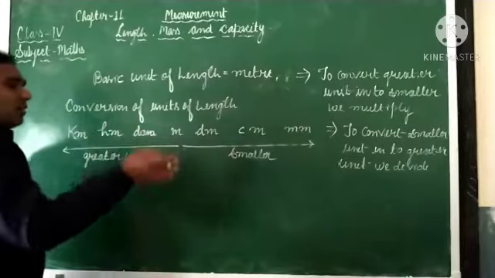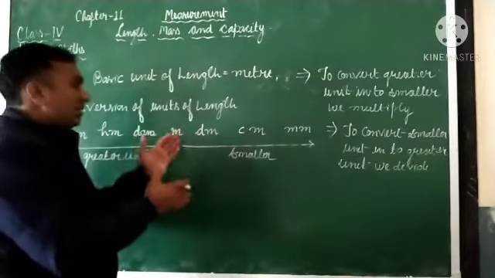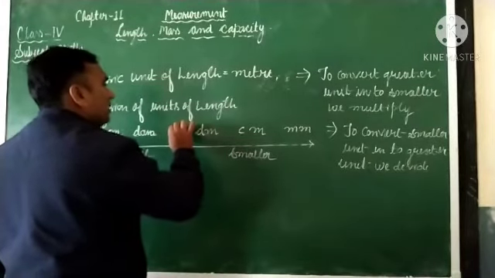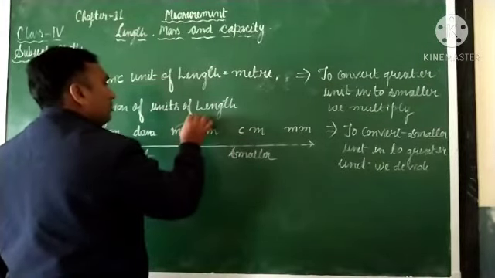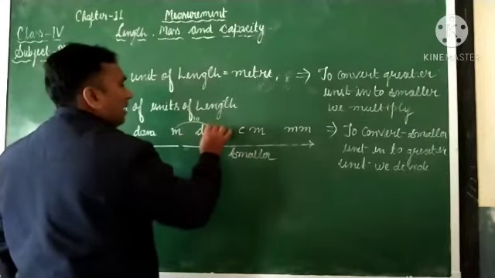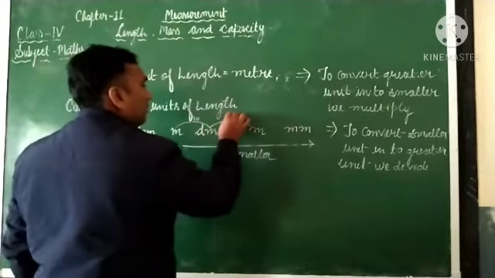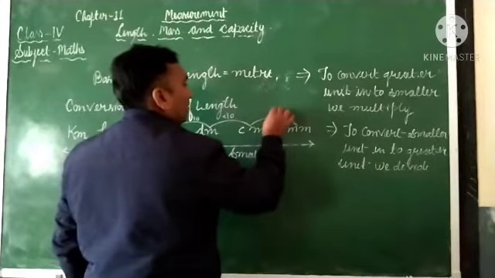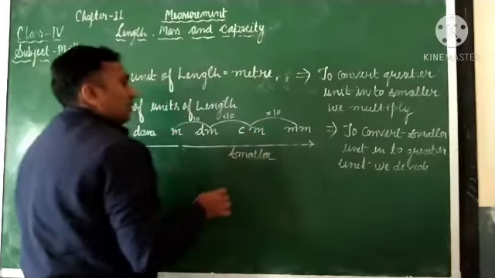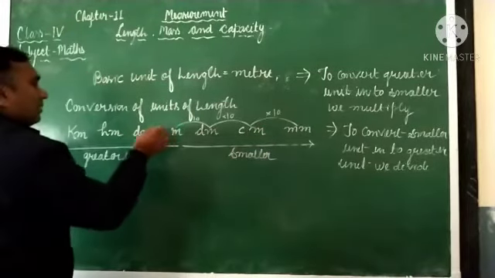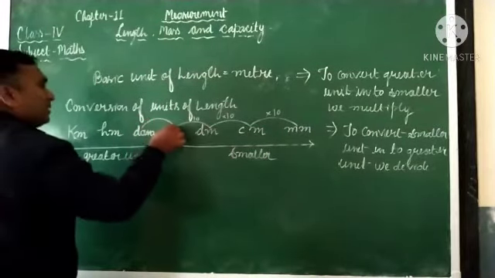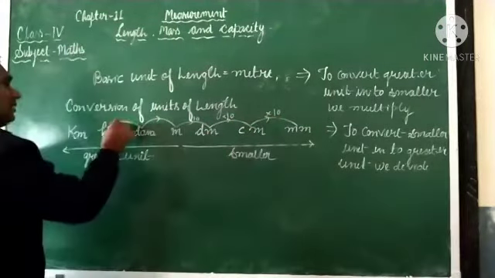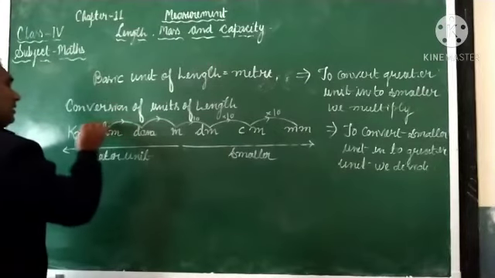Here, how to convert? What is the relation of meter to other units? These are smaller. If you convert meter into dm, you have to multiply by 10. dm into cm, multiply by 10, and cm into mm, multiply by 10.